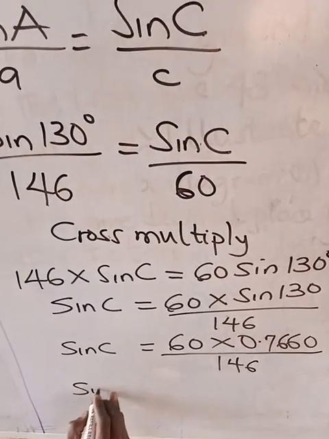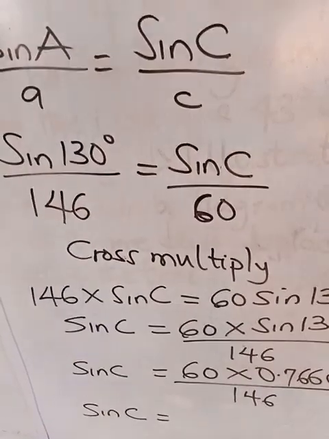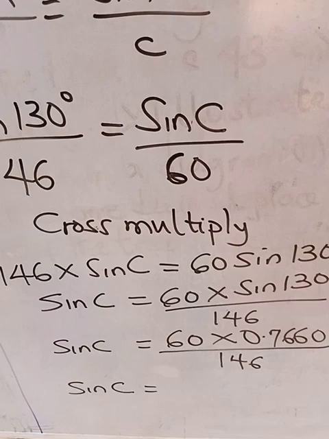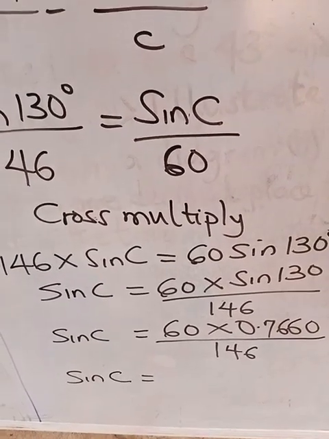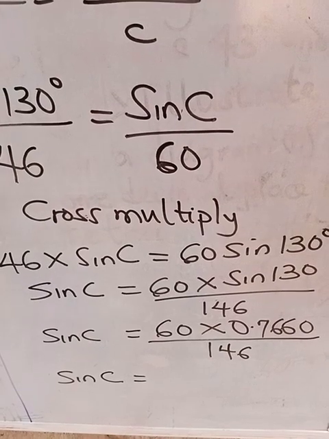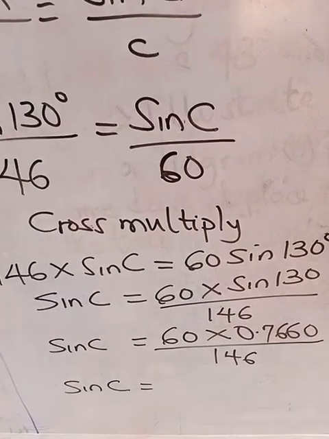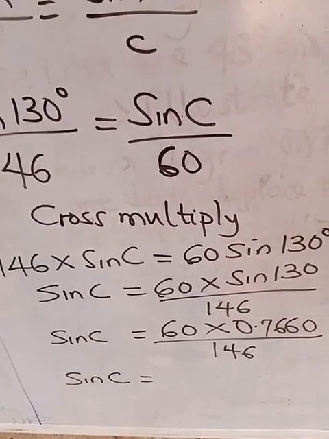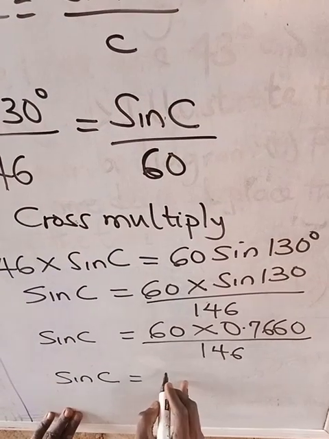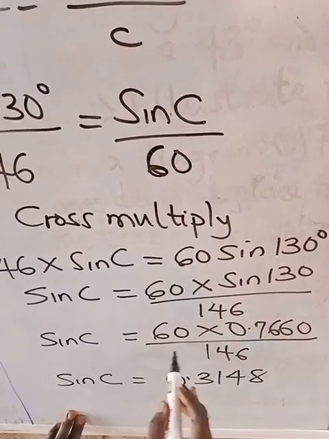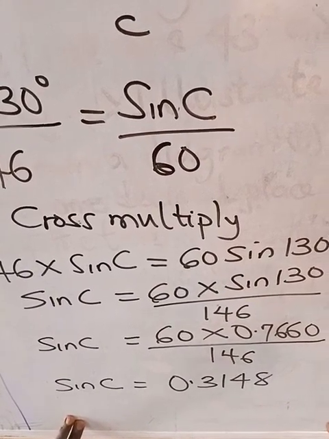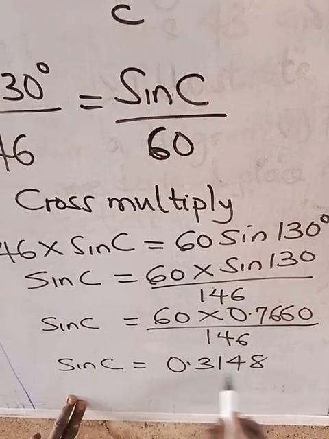So from there, sine C, you multiply 60 by 0.7660, divided by 146. That will be 0.3148.